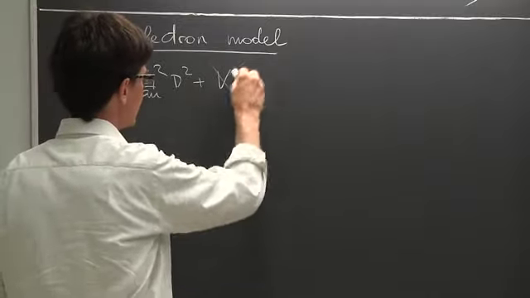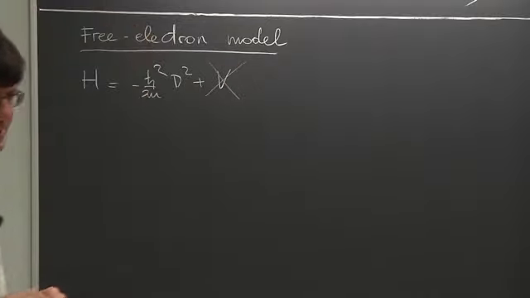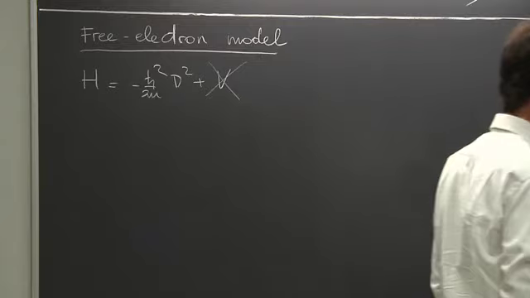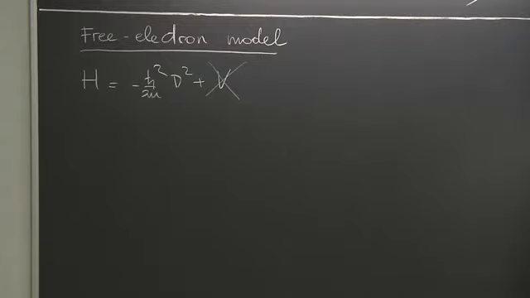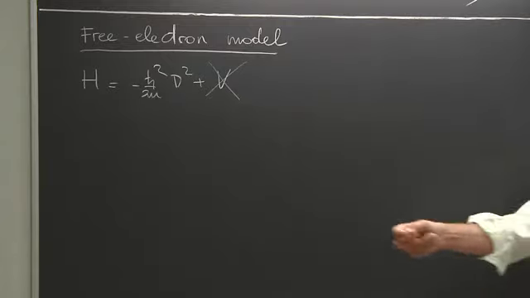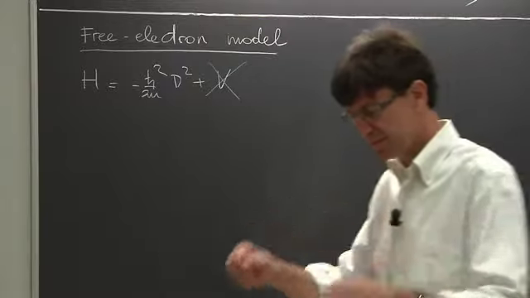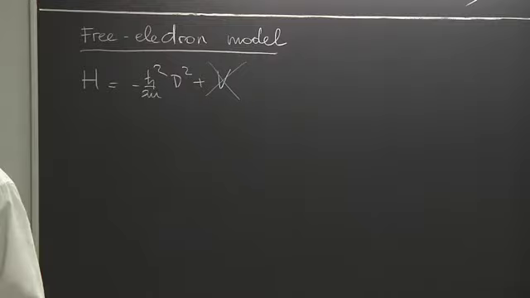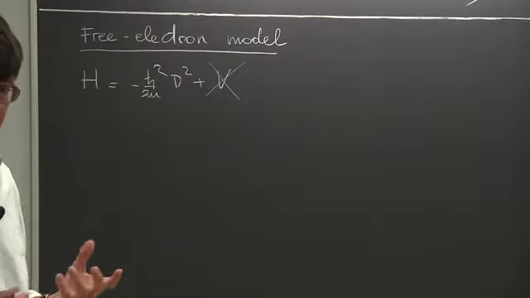So this potential doesn't exist, or it's 0, or a constant, even better, because a constant is the same. So in other words, even though there are nuclei sitting on well-defined crystalline positions, we make the approximation that the electrons don't see these nuclei.